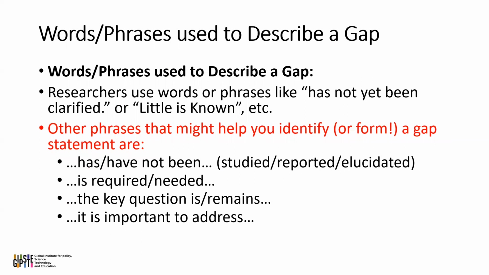Other phrases that might also help you identify a gap are "has not yet been studied," "has or have not been studied, reported, explained, or elucidated," or maybe "there's still more to be done in that area," or "there's a need for this particular discussion."